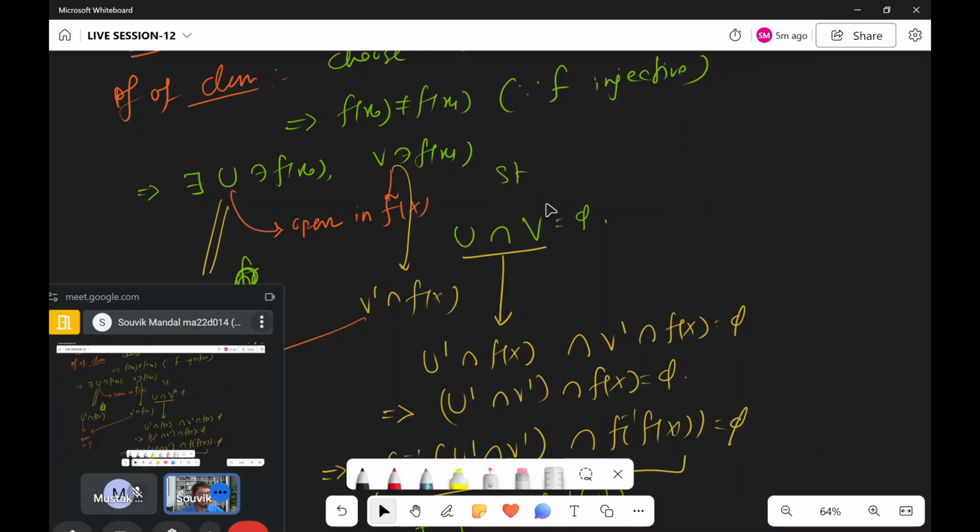Now since f of X is Hausdorff, there is an open set U containing f of x naught and an open set V containing f of x1, such that U is open in f of X and V is also open in f of X, such that U intersection V is empty.